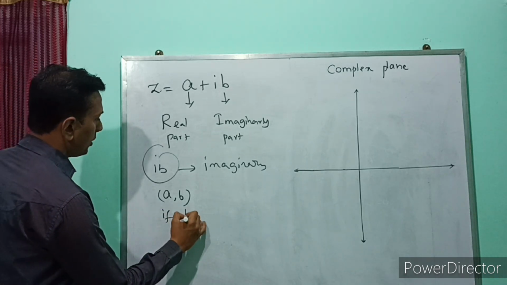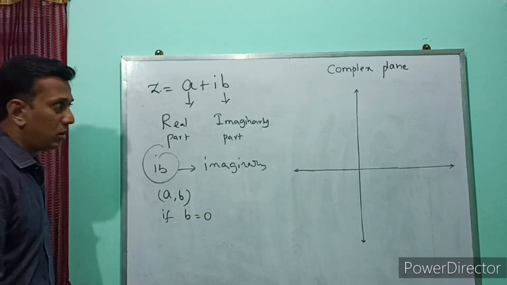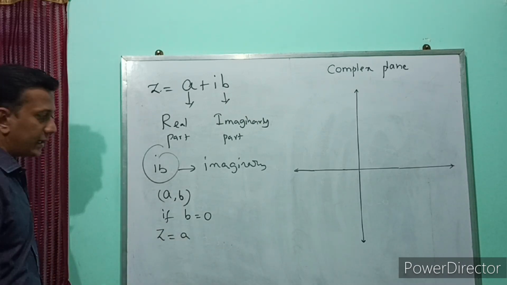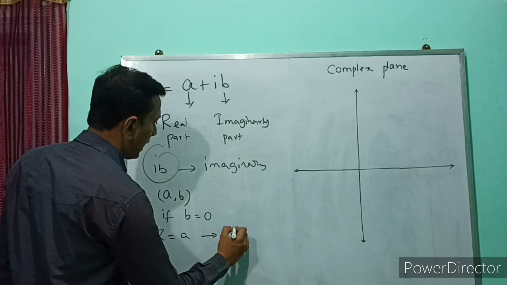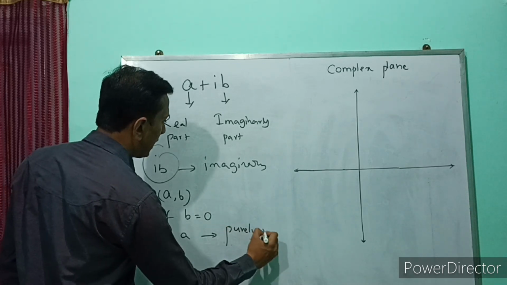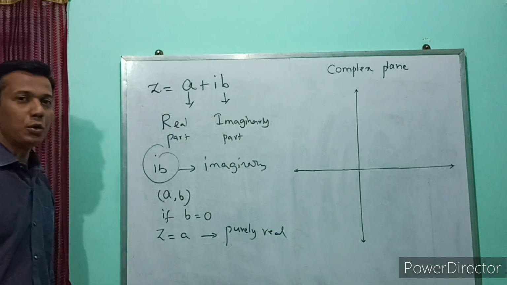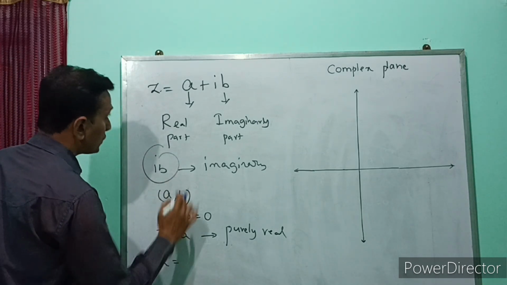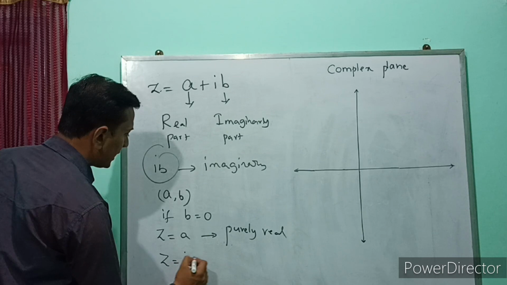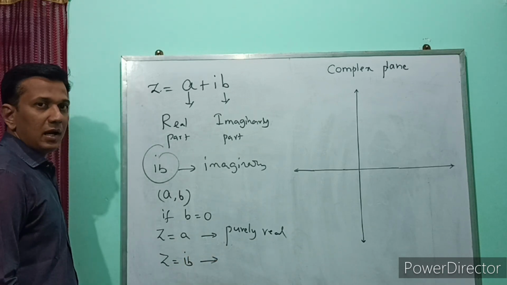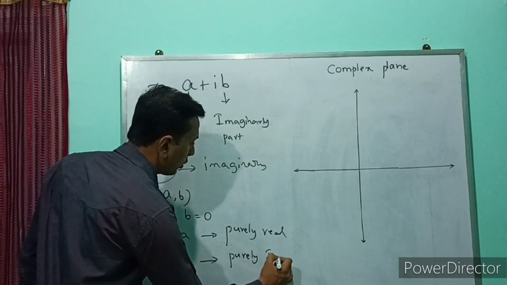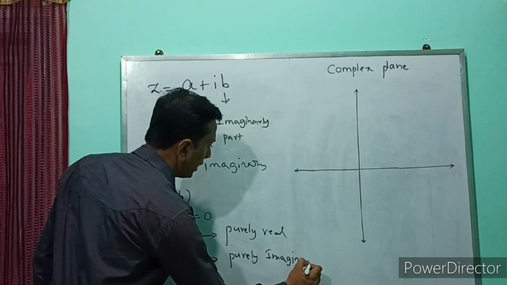If b is equal to 0, then we will get z is equal to a. Then it is called a purely real number. If a is equal to 0, we will get z is equal to ib, where we will get a purely imaginary number.